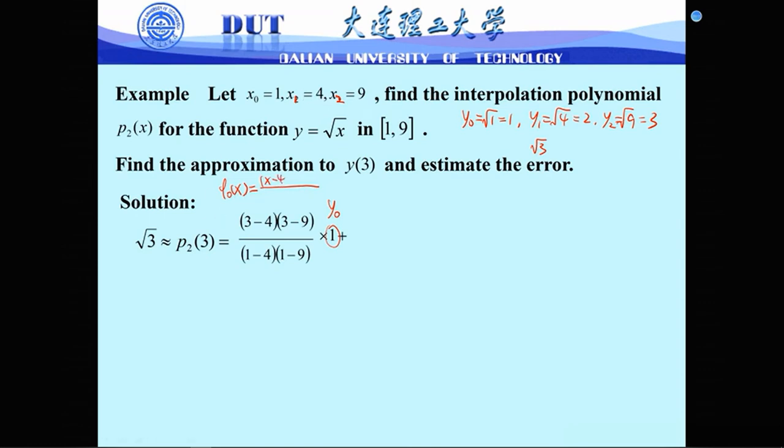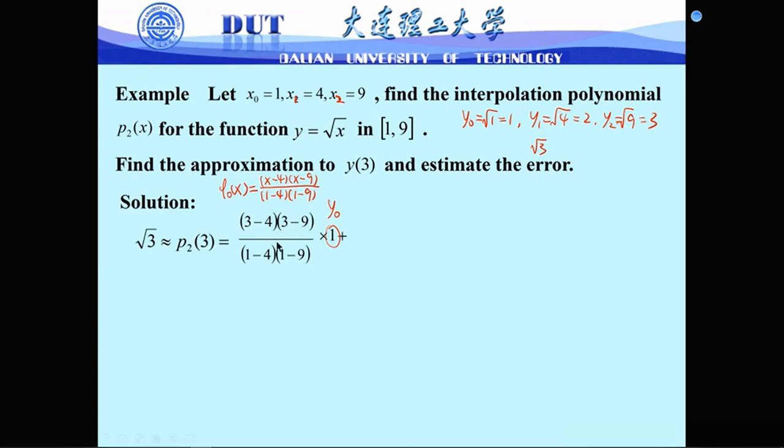So (x minus 4)(x minus 9) divided by replacing x by the node x0, which is 1: (1 minus 4)(1 minus 9). Then multiply y0.